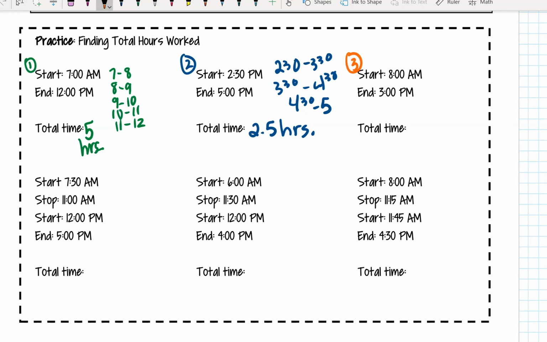You got 7? Let's count it out. 8 to 9, 9 to 10, 10 to 11, 11 to 12, 12 to 1, 1 to 2, 2 to 3. 7 hours. If you're unsure, use your fingers. 7 hours.